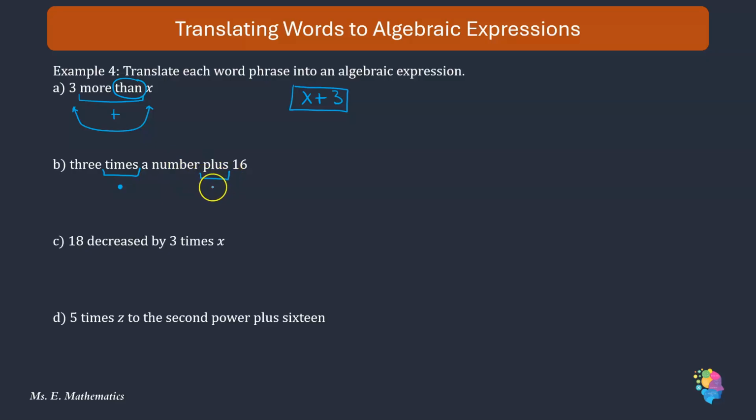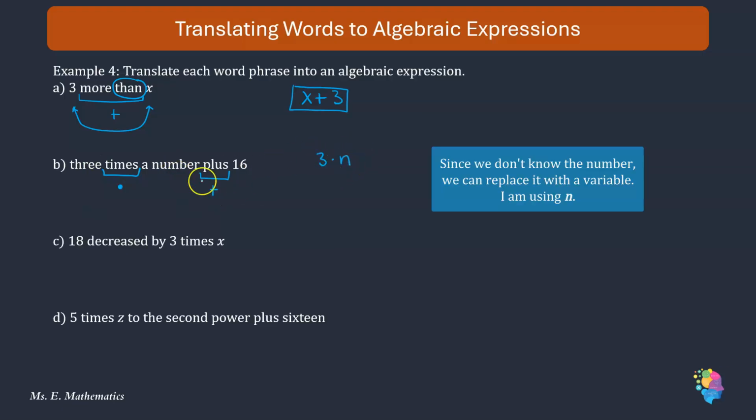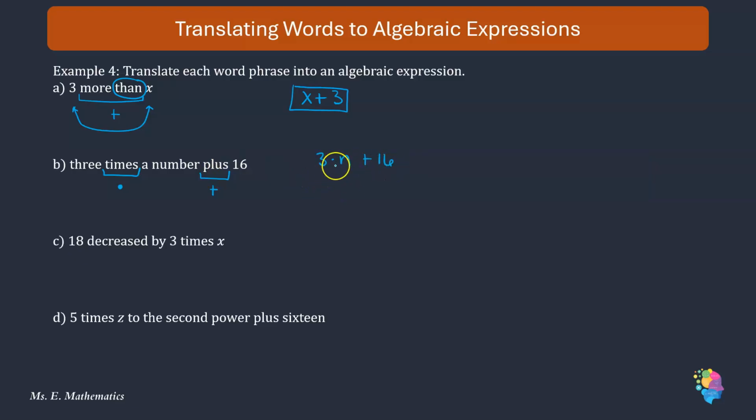Notice that than is not there, so we don't have to switch anything. So then this becomes 3 times a number, so 3 times a number plus 16. Now, you can leave the dot to mean multiplication, or you can just write 3n. Whenever we have a number and a letter together, that's already understood to be multiplication. So we're going to do that from now on.